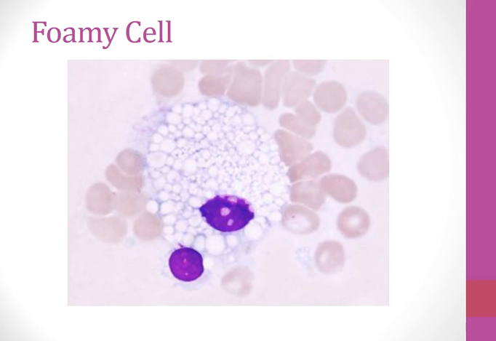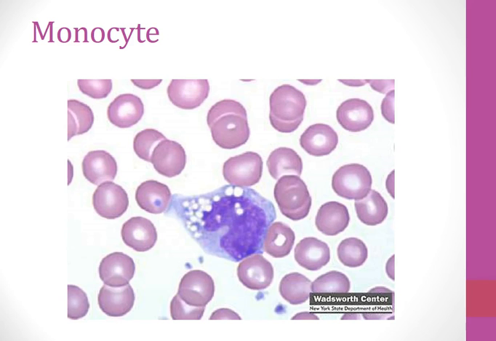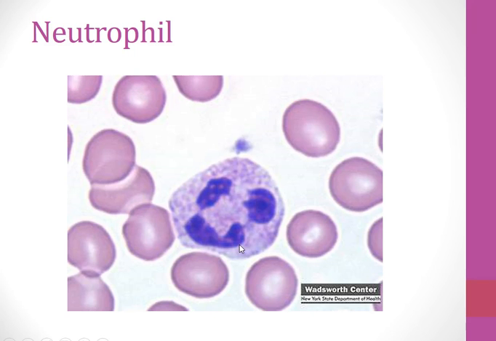The monocytes are stimulated to attack bacterial cells by lymphokines, so T lymphs can also notify the monocytes. They're large with a lobated nucleus. They usually have vacuoles in them and a smooth gray-blue cytoplasm. So that's what monocytes look like.